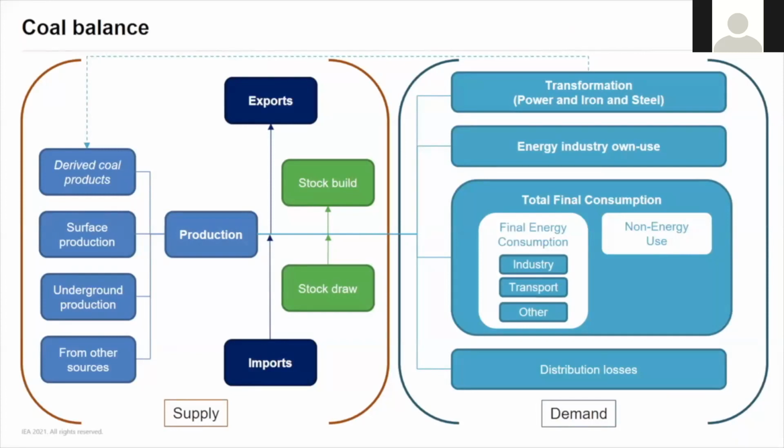On the demand, you will have the transformations, which we see just after, the energy industry own use, and the total final consumption. Don't forget that due to the way coal is transported, most of the time by trucks, there can be important losses. So don't forget to keep track of those distribution losses to keep your statistics in good shape.